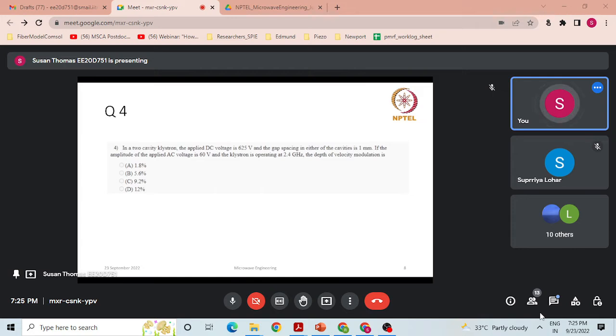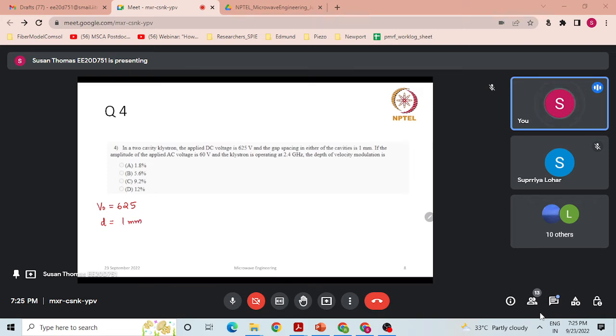Okay, let's go to the question. In a two cavity klystron, applied DC voltage is 625 volt. So I can take V naught as 625. Gap spacing in either of the cavities, denoted by the letter d, is 1 millimeter.